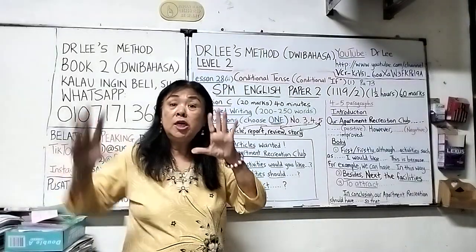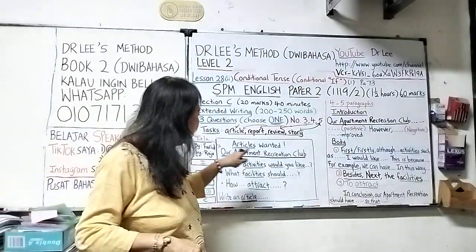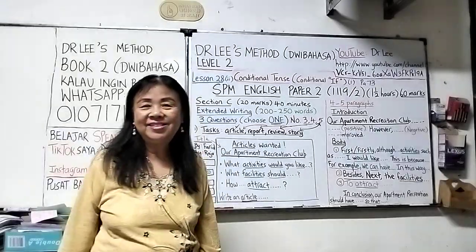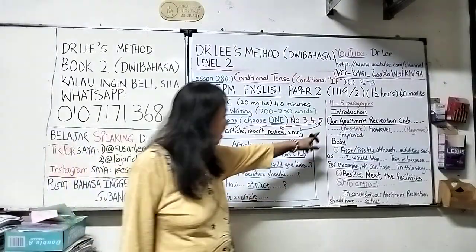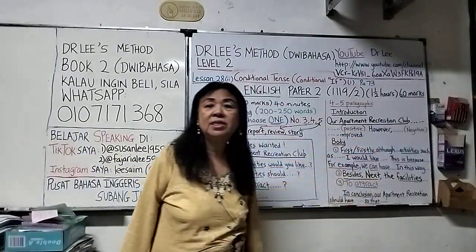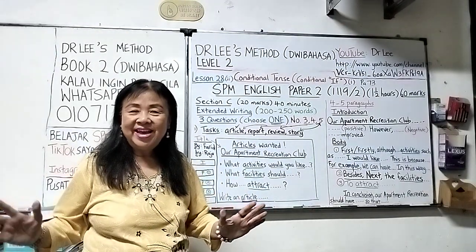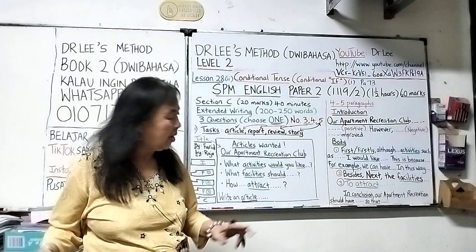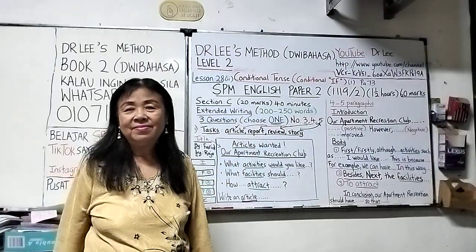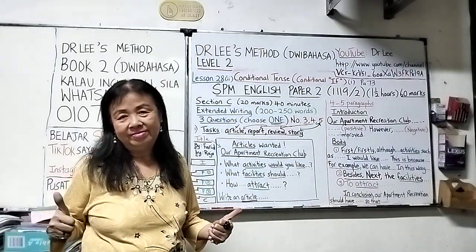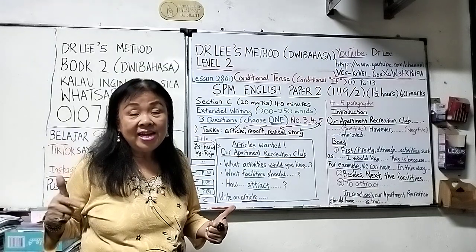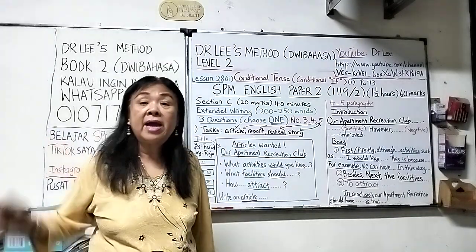For me, my introduction, I will start with the title. So I will start. Our apartment recreation club has many activities and facilities. So I combine these two. Positive. Second line, however, bagaimanapun.